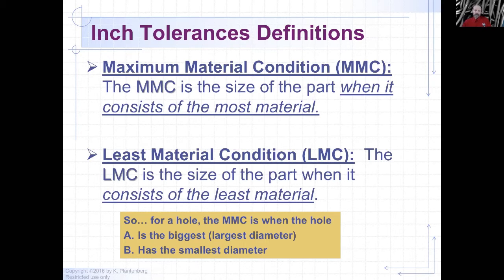So when you have the most material on your shaft, is the diameter bigger or smaller than the least material condition? So you think of a shaft in the maximum material condition. Is that diameter going to be bigger or smaller than that shaft being in the least material condition?